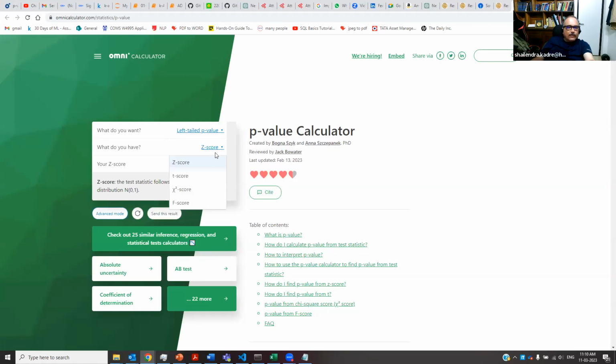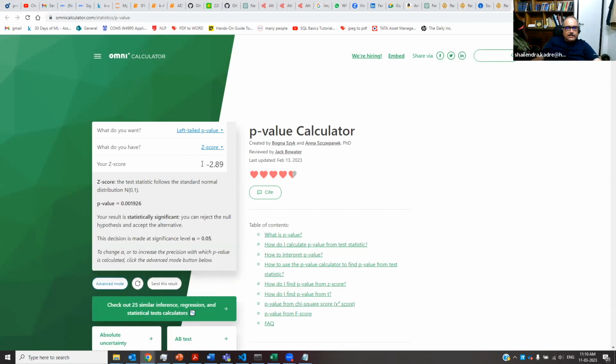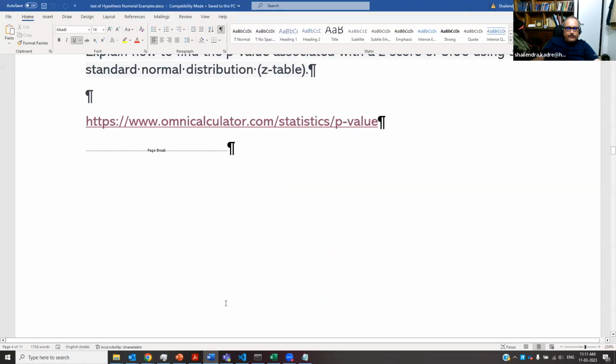Then we put in our Z score, which was minus 2.89. We get our p-value as 0.001926, which, if you round it off, is approximately 0.002. So our p-value is 0.002.